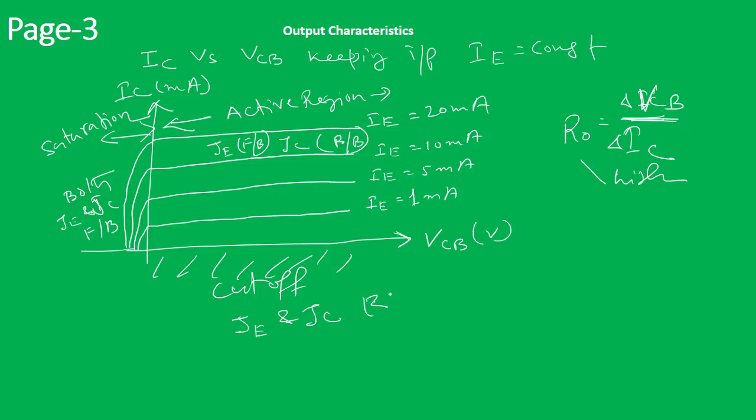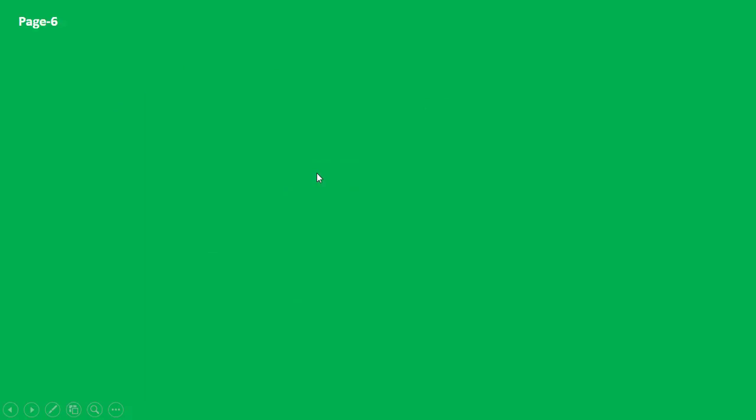So depending on this situation, if I can switch my transistor between the saturation and cutoff regions, then the transistor will work as a switch. And if we are working in the active region of the transistor, then we can use it as an amplifier. So this is about the input and output characteristics of the common base configuration.